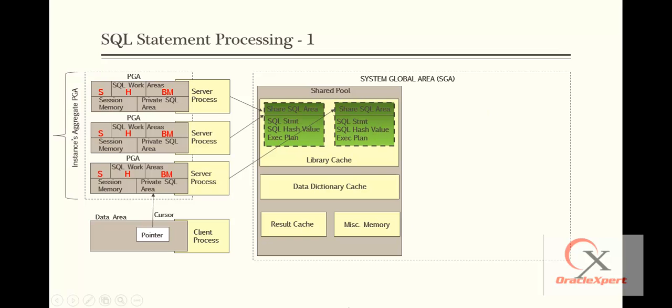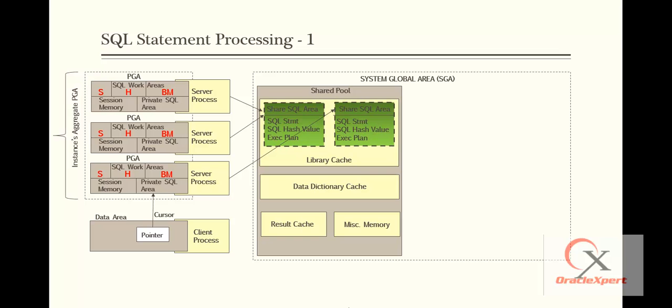Unwanted elements of the SGA, I have already phased out, never put into this slide. The other memory components that are missing here are the database buffer cache, large pool, streams pool, Java pool, redo log buffer, and whatnot. I have eliminated everything that is not relevant for this particular slide.